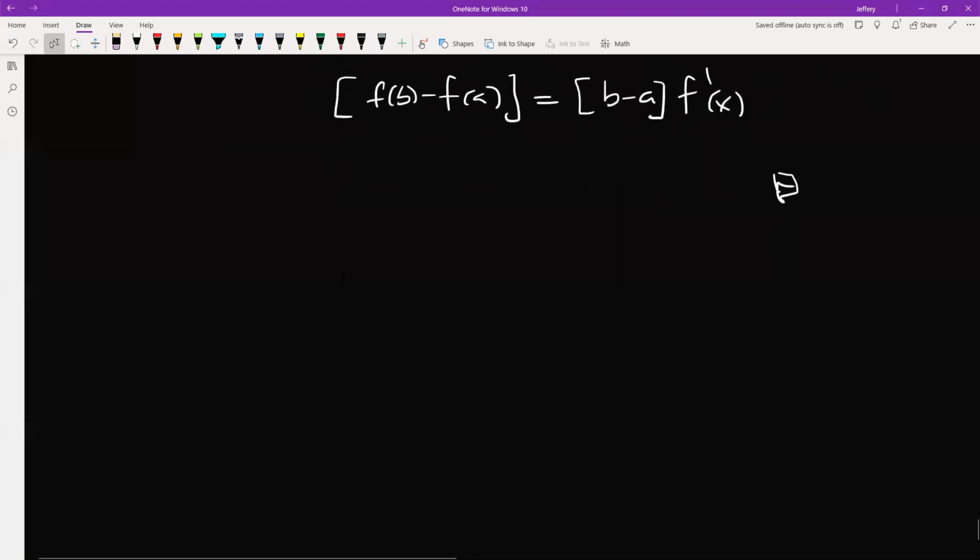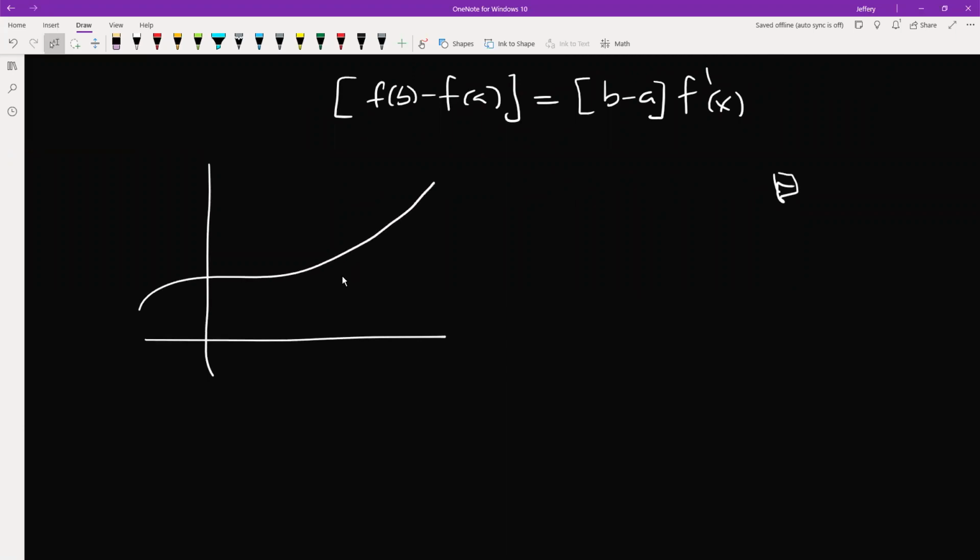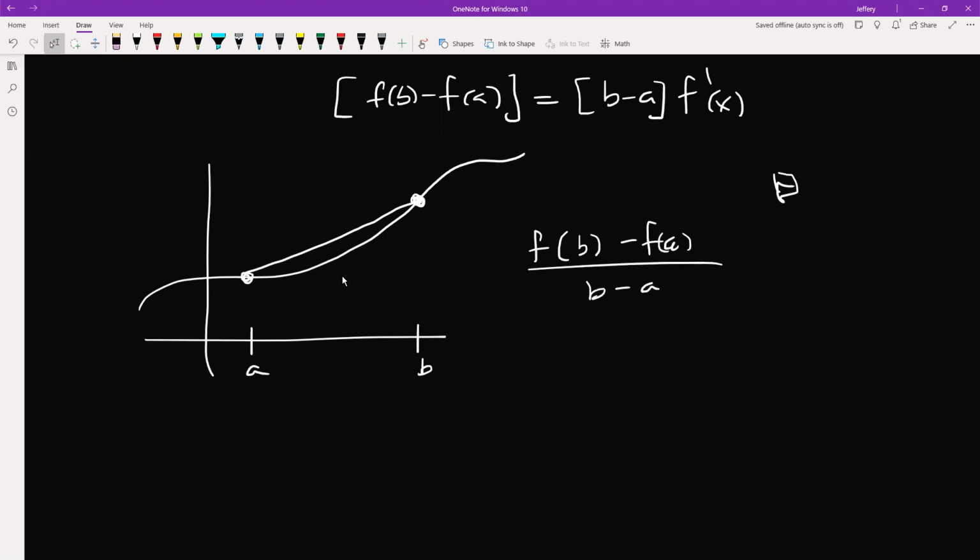Okay. This one's pretty easy to visualize. Got some function here. It's continuous on a to b. There's a, there's b. So I have a secant line going from a to b. There it is. And actually this f of b minus f of a over b minus a represents the slope of this line.